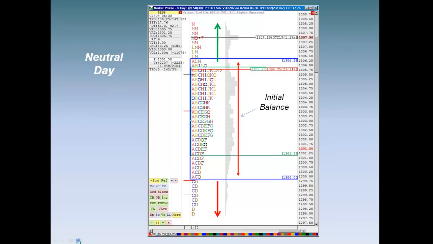I want to take a moment here to actually show you how the day develops in this little video so you can see what a neutral day actually looks like, because these days, when you spot them, they can have some great trading opportunities. And the interesting thing about them is they usually fly in the face of common sentiment.